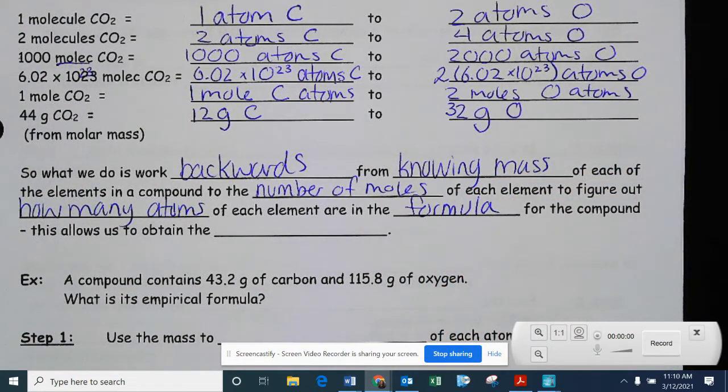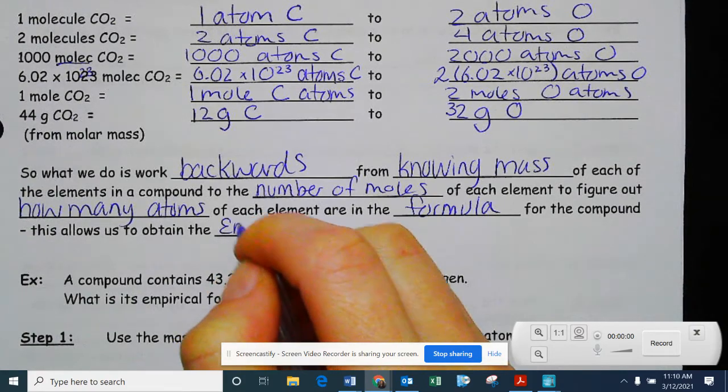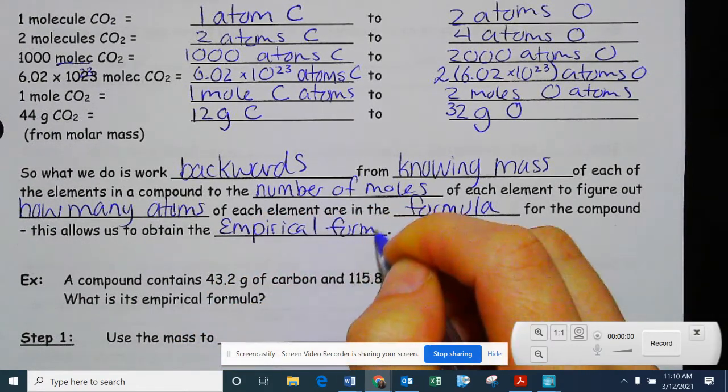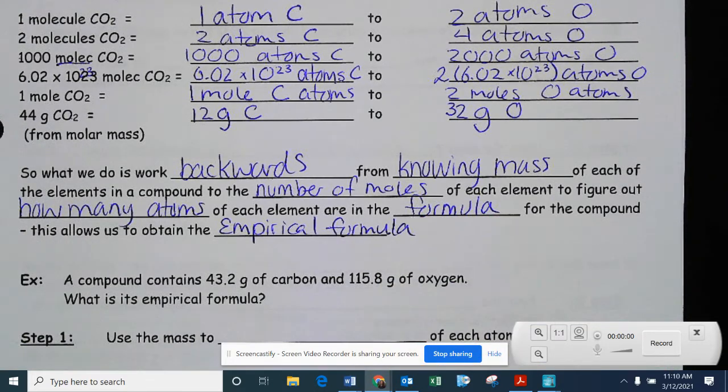So this knowledge allows us to obtain the empirical formula. Working backwards, using that mass, we can figure out the empirical formula, the lowest possible terms.